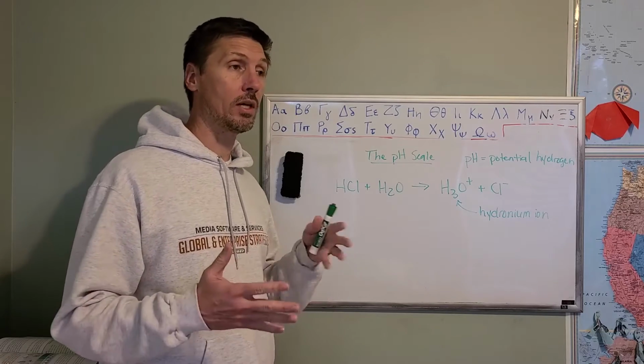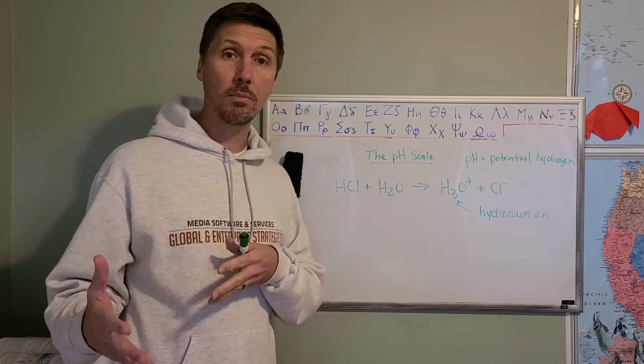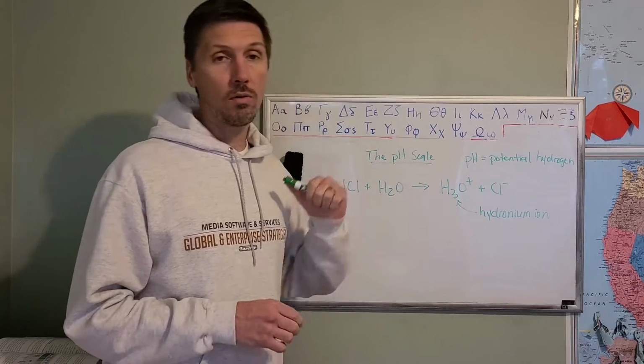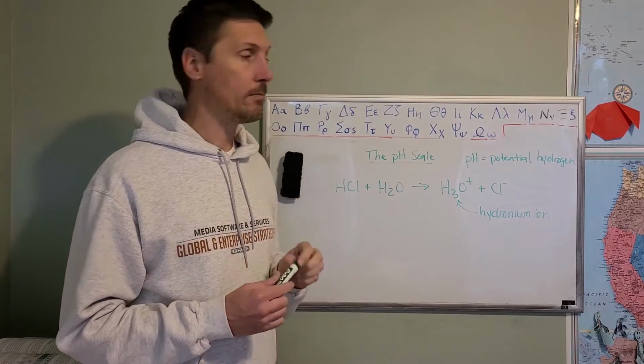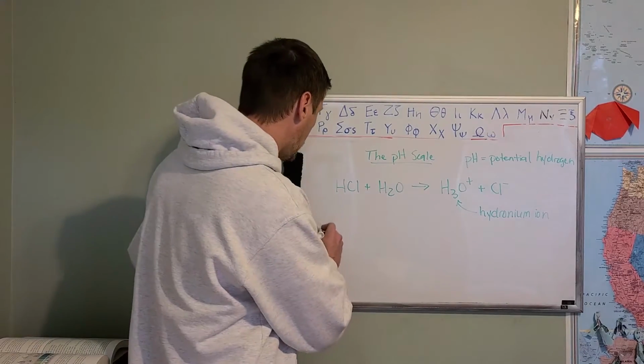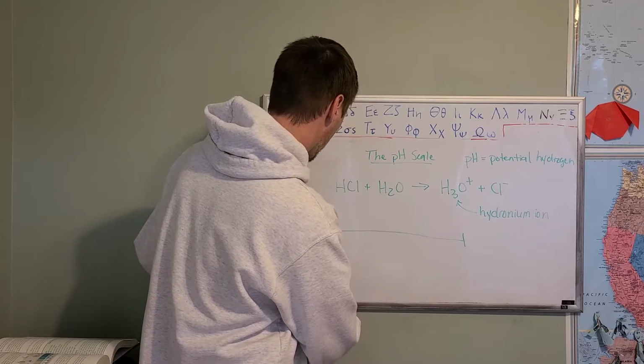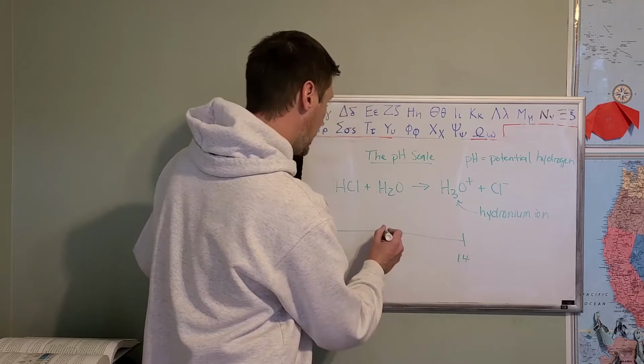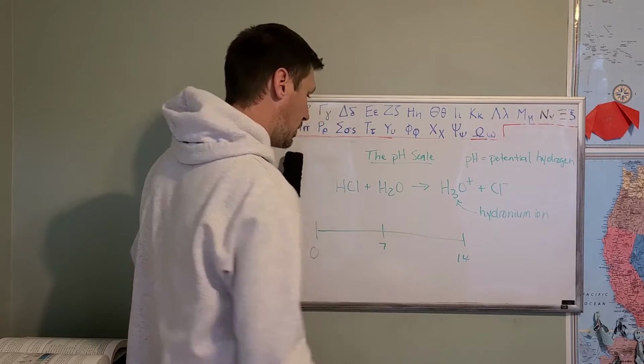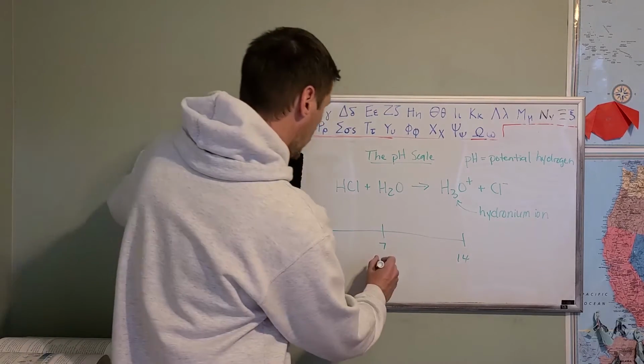So the pH scale will tell us how acidic a solution is or how basic it is, depending on the presence of this hydronium ion. All right, so the pH scale runs, if you think of it as a number line, from 0 to 14. And right in the middle, where you have 7, that's what we call neutral.